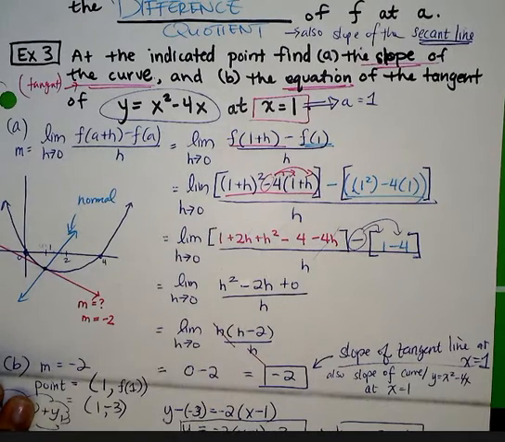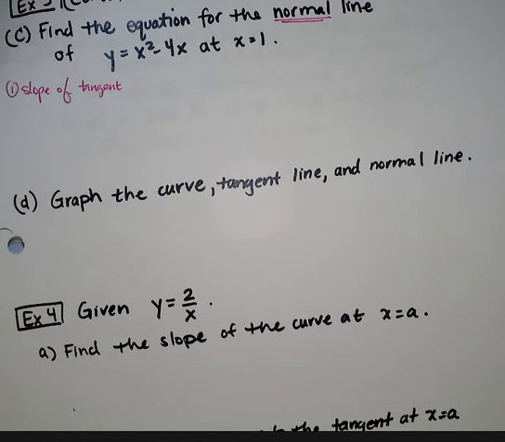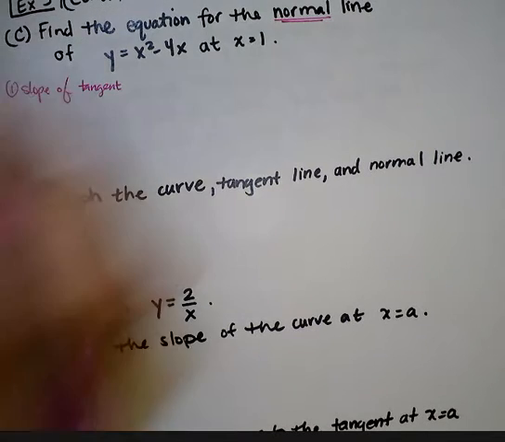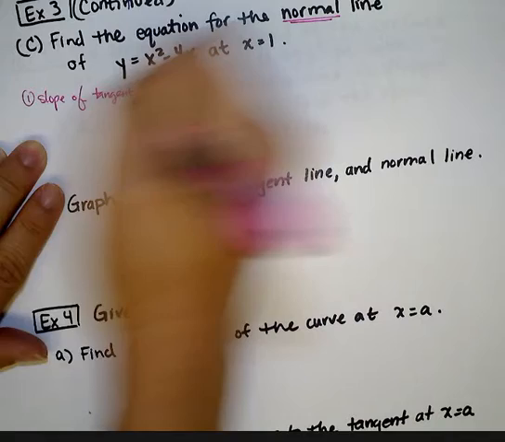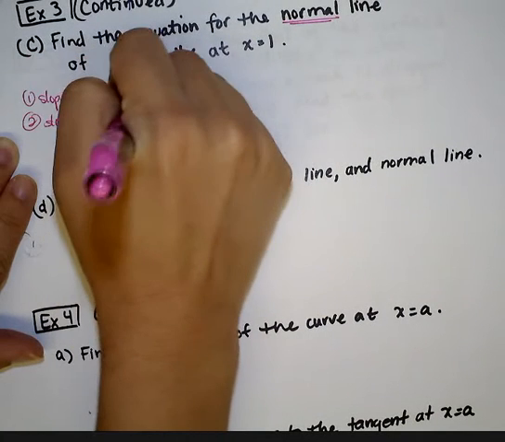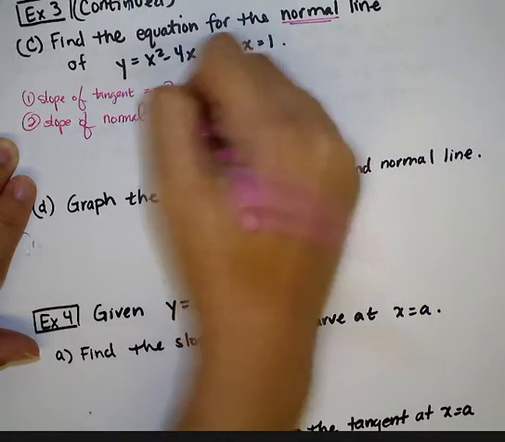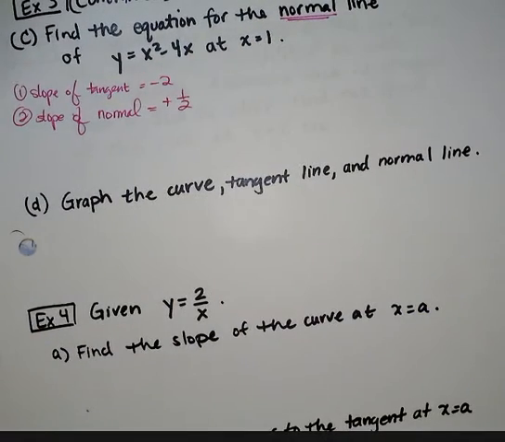And since the slope of the tangent was -2, what is the slope of the normal going to be? It's going to be the opposite reciprocal, +1/2.